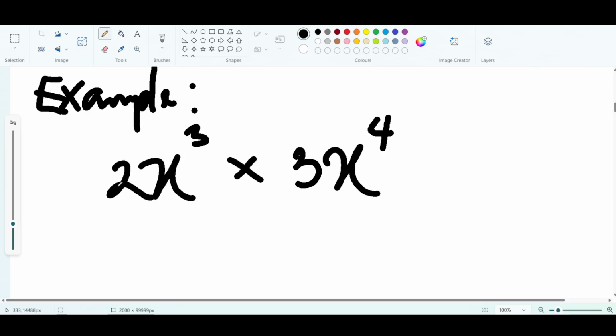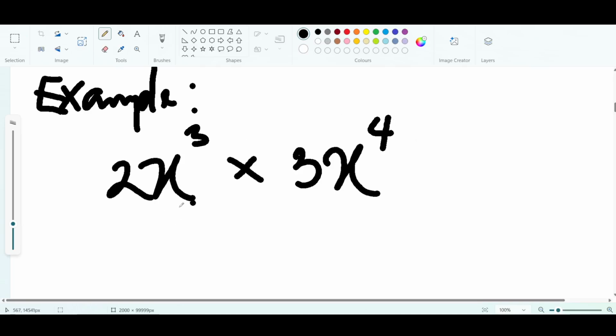You know, these ones, they are the coefficients, and the law does not reflect on the coefficients. So the coefficients will undergo their normal multiplication, but the bases will be applied with the first law of indices. So we apply the first law of indices to the bases, and the bases are x raised to power 3 and x raised to power 4.